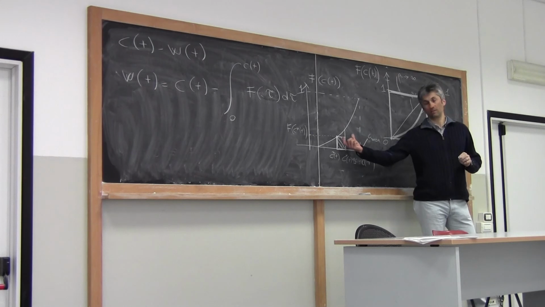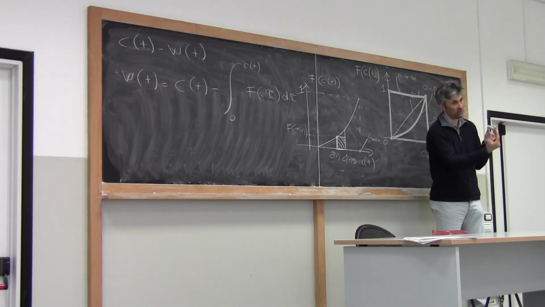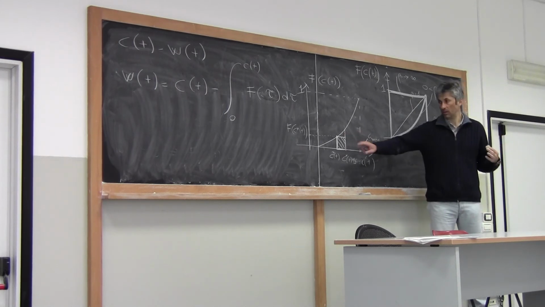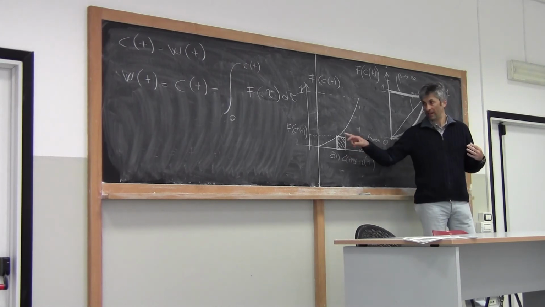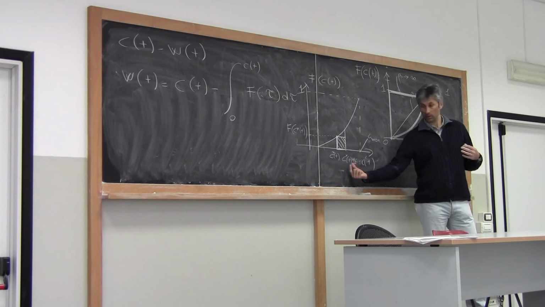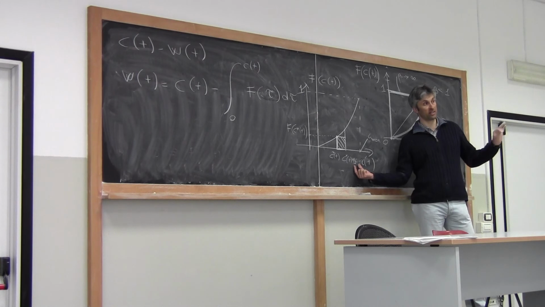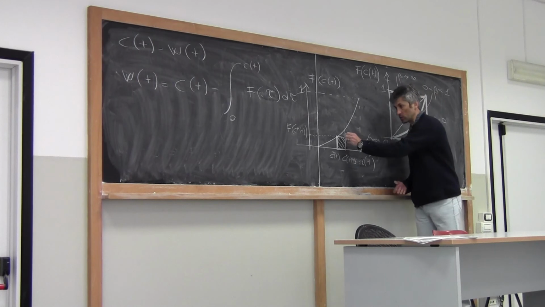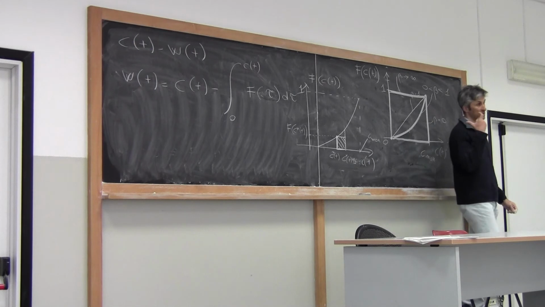Of course, you see, if the increment is infinitesimal, this approximation, which comes from the increase of F due to the increased delta C, is a second order infinitesimal. I can neglect it. Because the amount of rejected water would not be given by this rectangle here, but also by this triangle here, which is a second order infinitesimal.